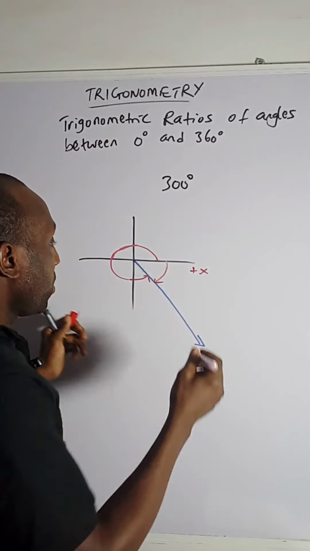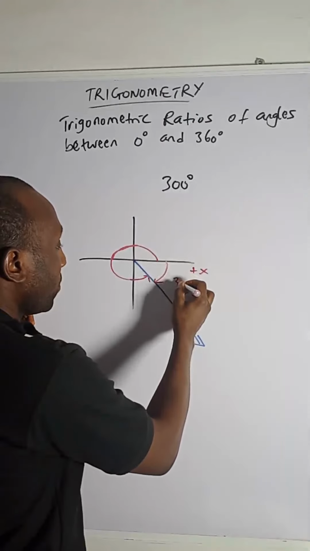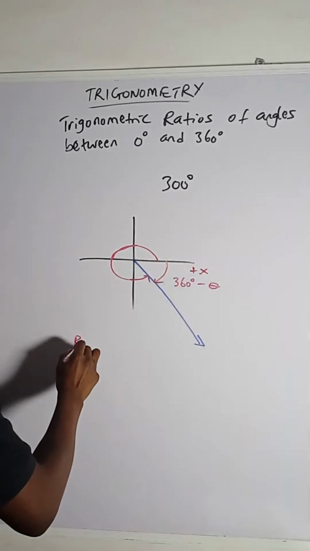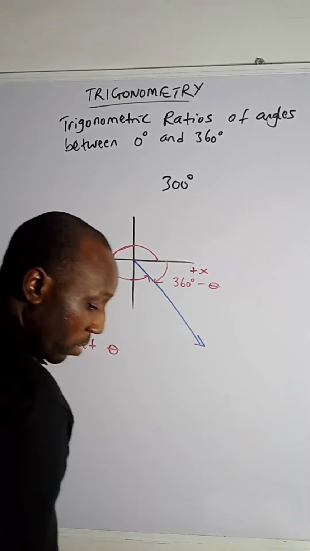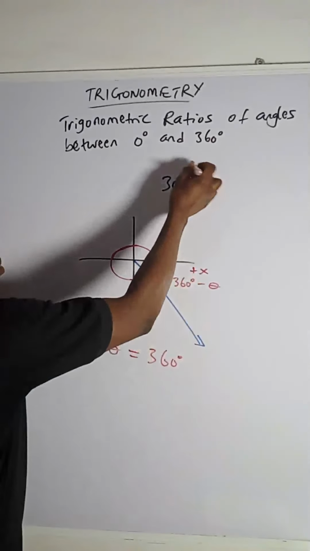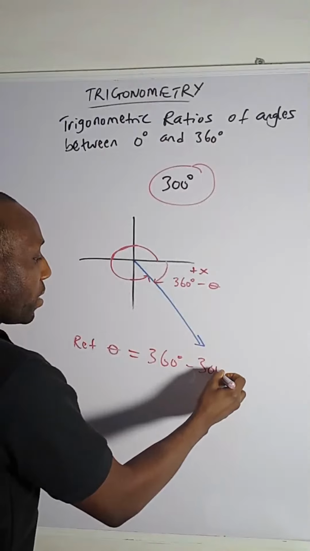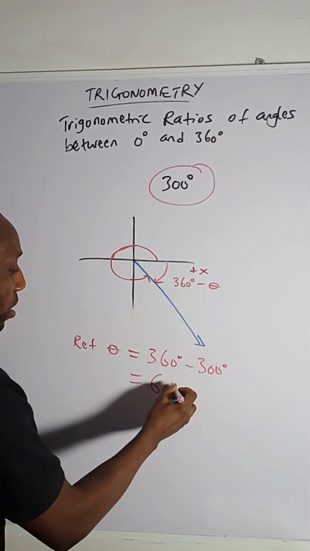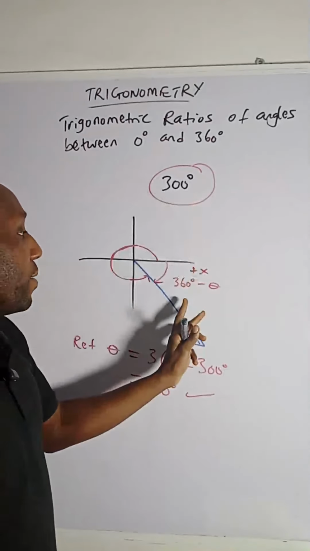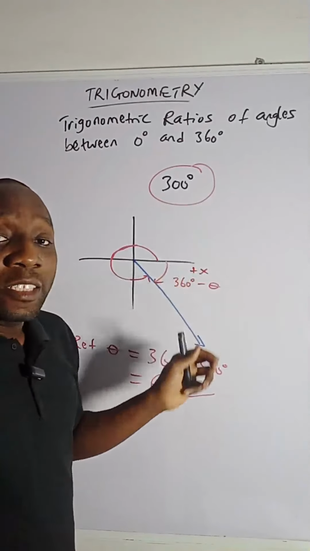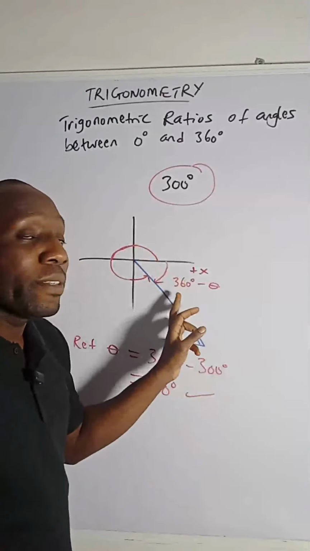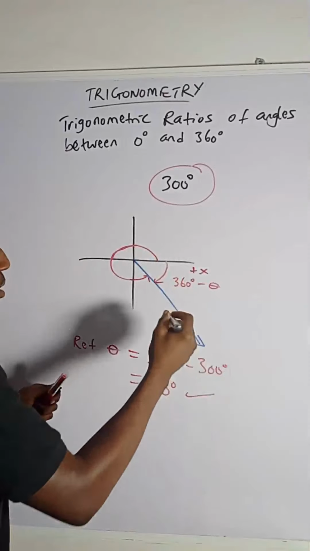It's going to be 360 degrees minus theta. So the reference angle will be equal to 360 degrees minus, this is what we are looking at, 300 degrees, which is 60 degrees. So this is the reference angle. It lies in the fourth quadrant, and this is the formula you can use to get the reference angle when the angle lies in the fourth quadrant. This is the fourth quadrant.